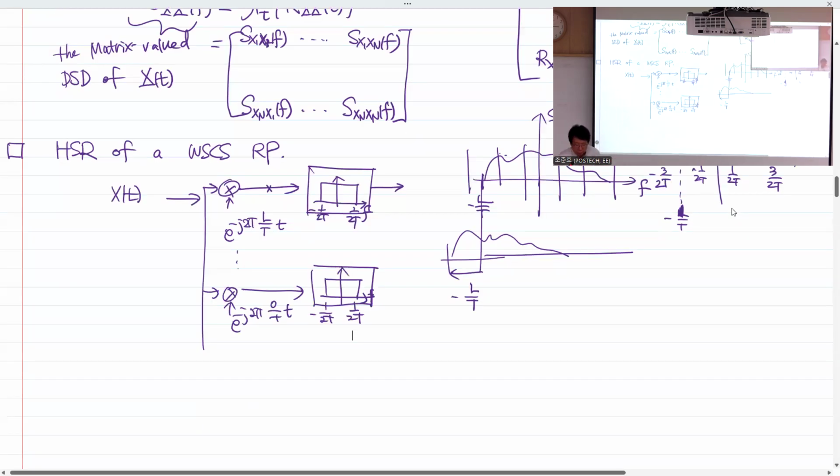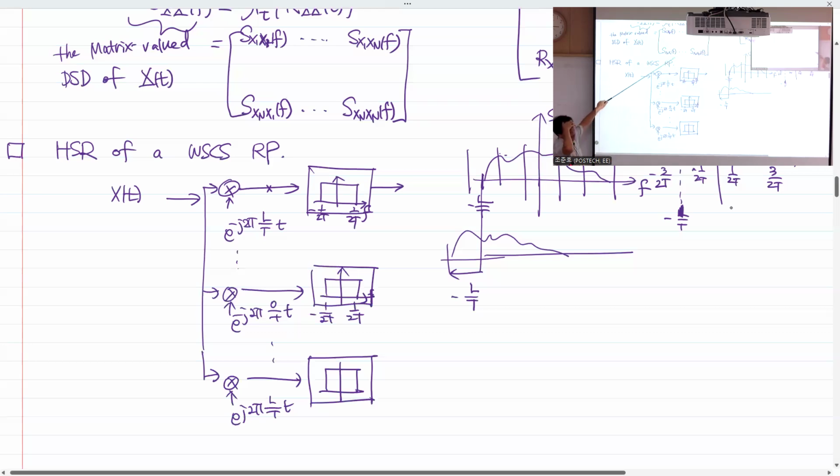And you have the other modulators. So you have here capital L modulator and low-pass filter pairs, and L modulator and ideal low-pass filter pairs, and 1. So you have a total of how many? 2L plus 1 paths. Got it?